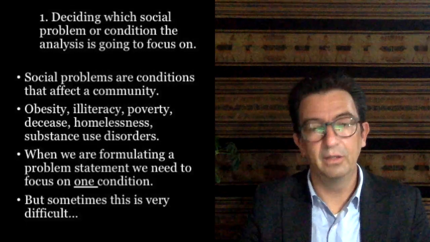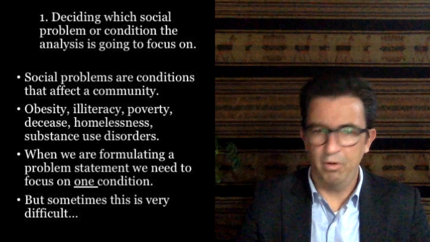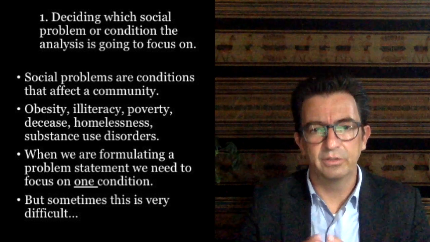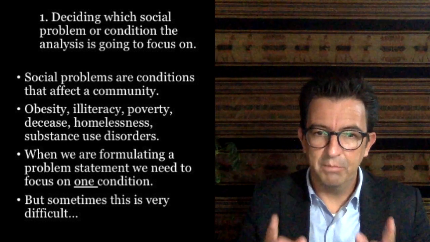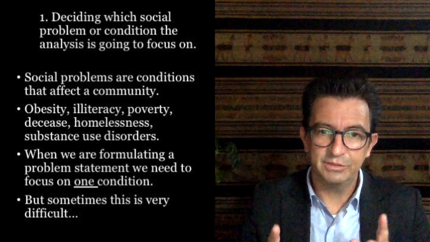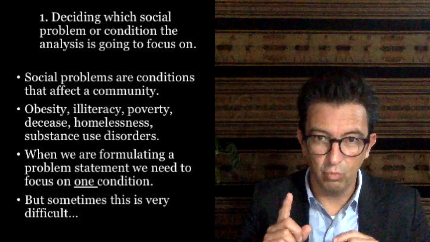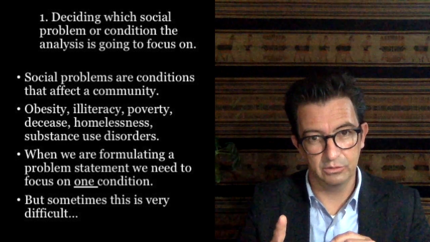The first one, deciding which social problem or condition the analysis is going to focus on, seems rather obvious. Social problems are conditions that affect the community, like obesity, illiteracy, poverty, substance use disorders, etc. Now, it's important to remember that when we're formulating a problem statement, we need to focus on one of the conditions.